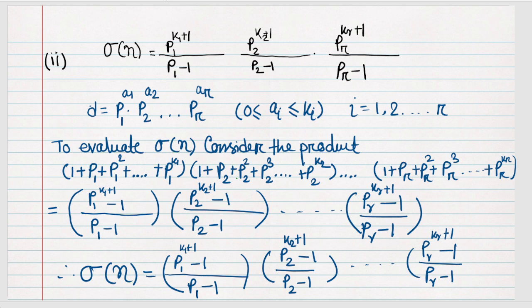To evaluate sigma n, we have to consider the product of both: 1 plus p1 plus p1 square up to p1^k1, which is nothing but our divisors, and another one will be 1 plus p2 plus p2 square plus p2 cube up to p2^k2, followed by the same for pr. Then we can easily write that the sigma value of this number is (p1^(k1+1) - 1)/(p1 - 1) and so on, followed by (pr^(kr+1) - 1)/(pr - 1).